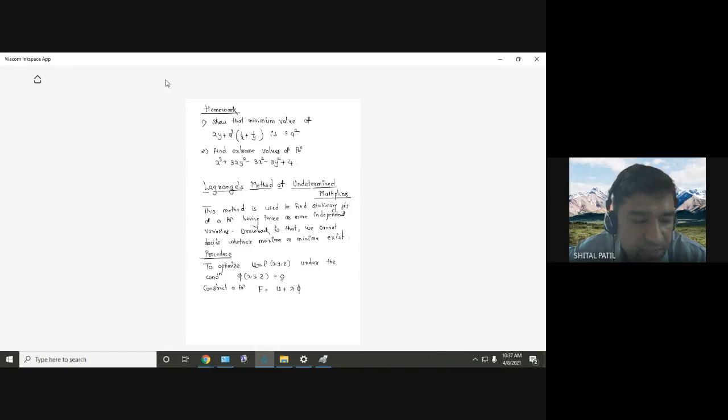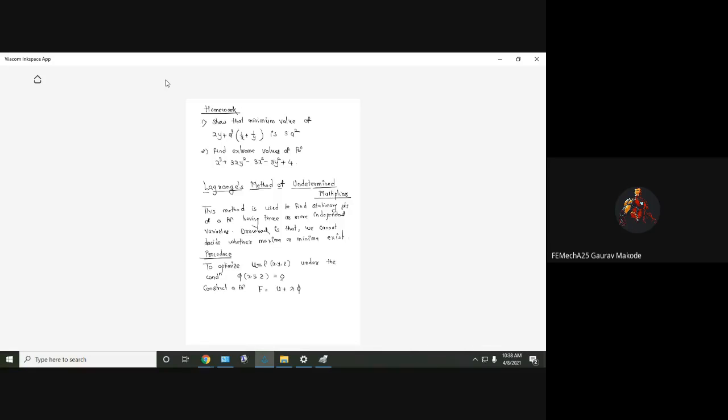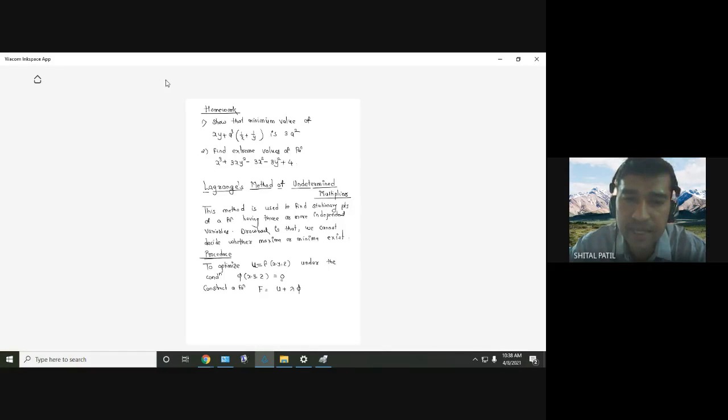Lambda is Lagrange's undetermined multiplier. Okay, then differentiating with respect to x, y, z and equating to 0.